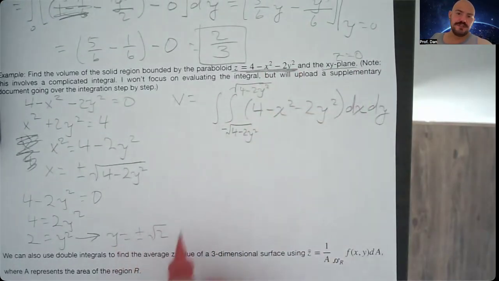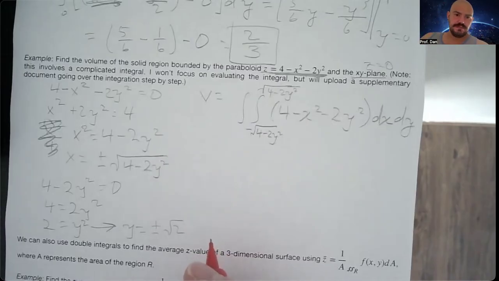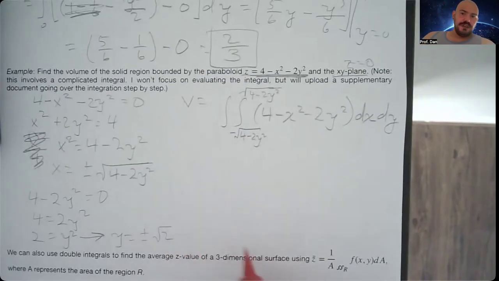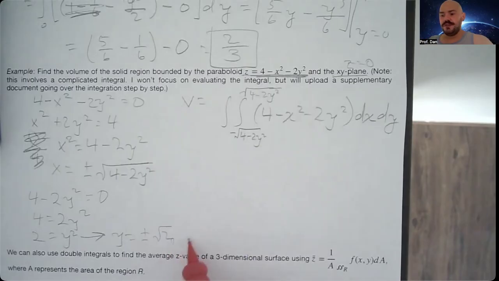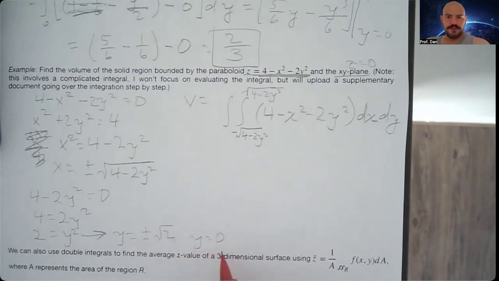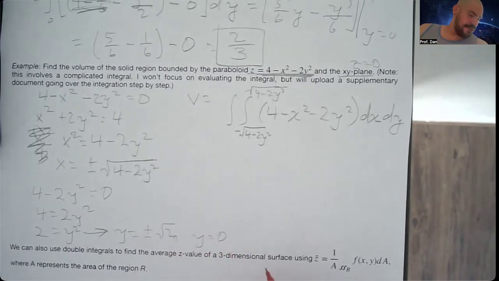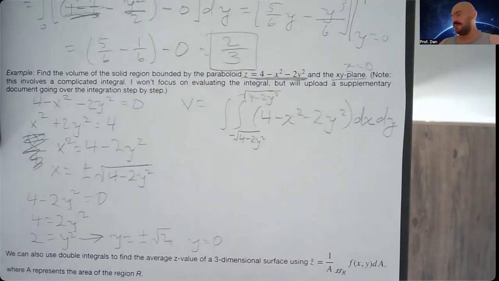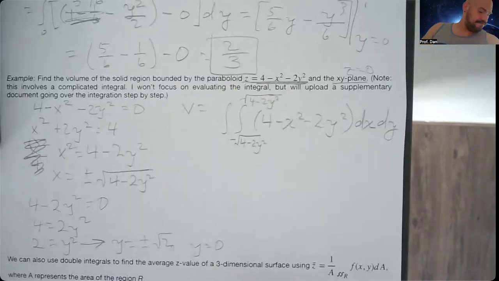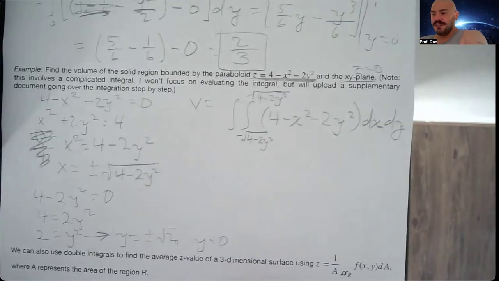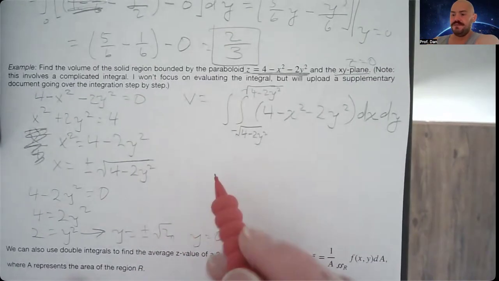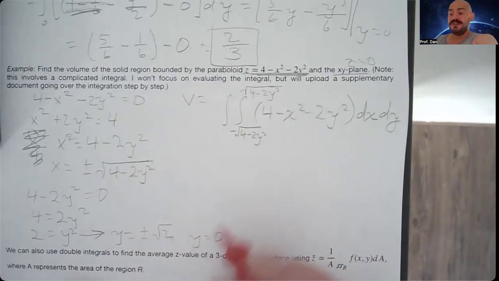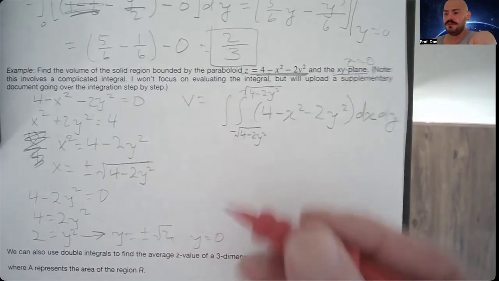So I have these bounds potentially for y, and then I have this other one to consider, y equals 0, right? So one thing that I could do is go from negative root 2 to 0, and 0 to root 2, right?